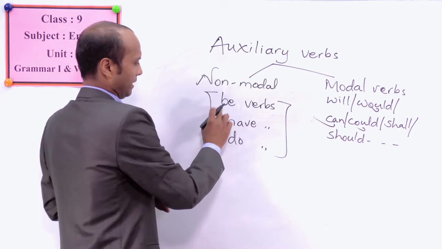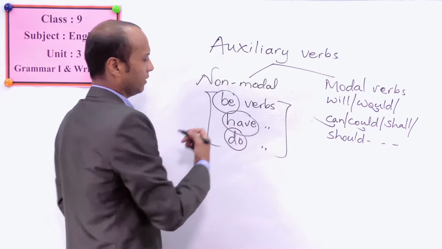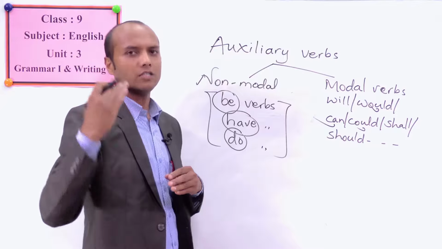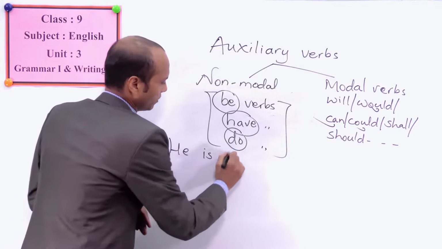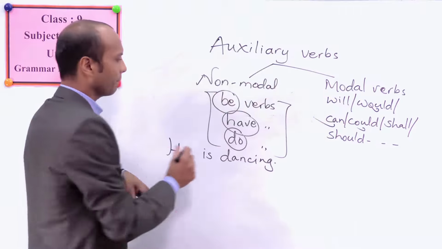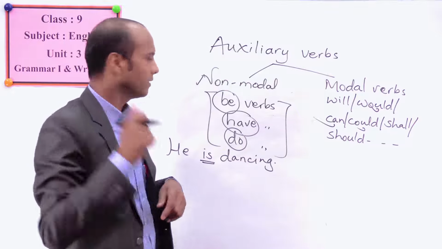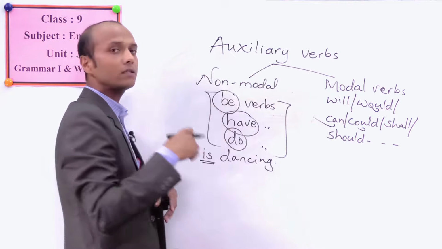So, be verbs, for example. These verbs, be, have, and do verbs, are used differently according to the subject. For example, he is dancing. Look at here, be verb. What are the be verbs? Good. Is, am, are, was, and were.